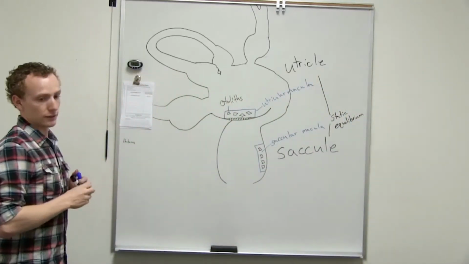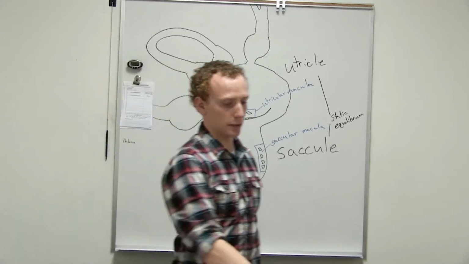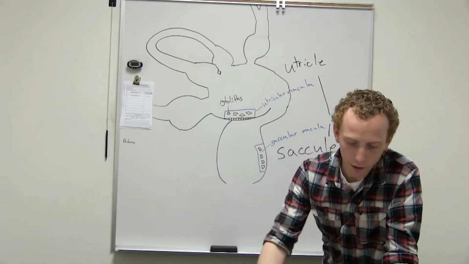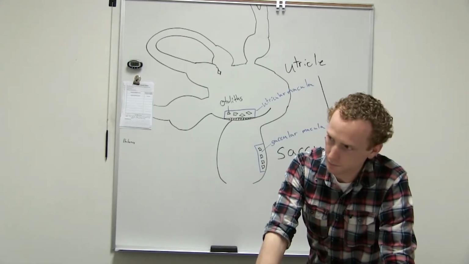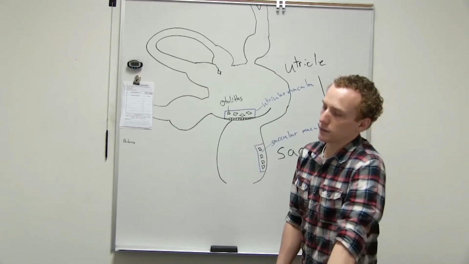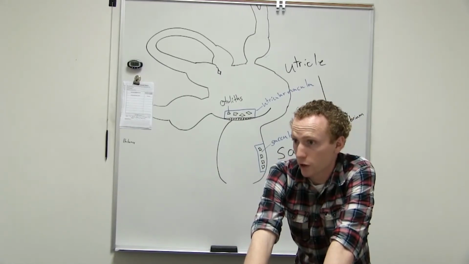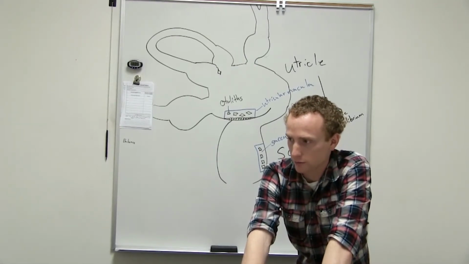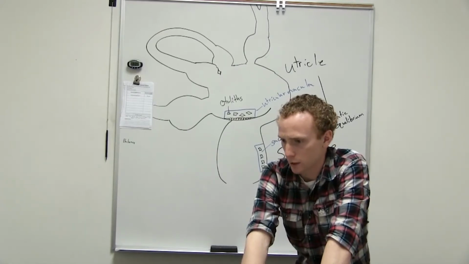That's everything for static equilibrium. Those are all the parts. I don't know what your teacher said, but Brother Baker had one other thing included, the kinocilium, which is on top of the hair cells. So it goes hair cells, stereocilia, kinocilium. In hearing you have stereocilia, and you also had kinocilium when you were children. From my understanding, you still have kinocilium in balance.